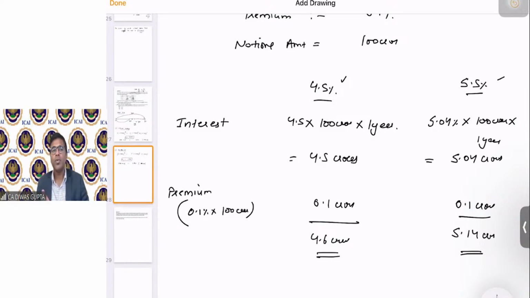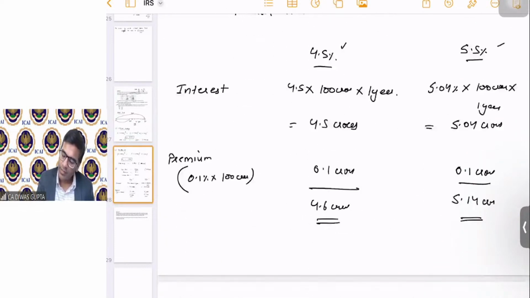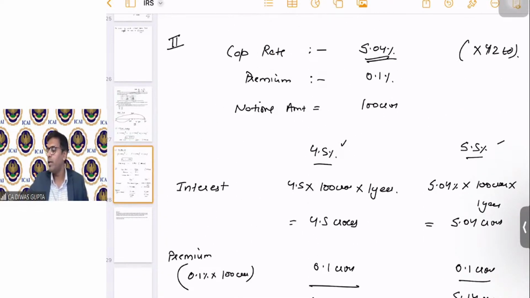Clear, students? So this is a good question even on the valuation of a FRA plus its linkage to the interest rate cap options, right?